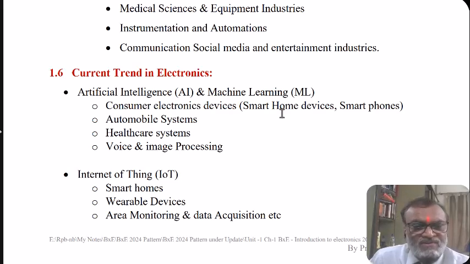IoT is mostly used for smart homes, wearable devices, area monitoring and data acquisition, etc. IoT is used everywhere and it uses the internet as a backbone and the devices called things are connected to form the application over a small area or a big area throughout the world.